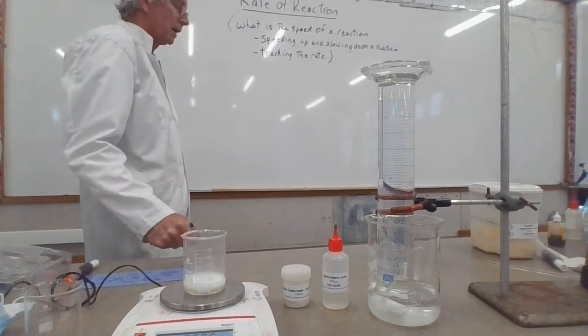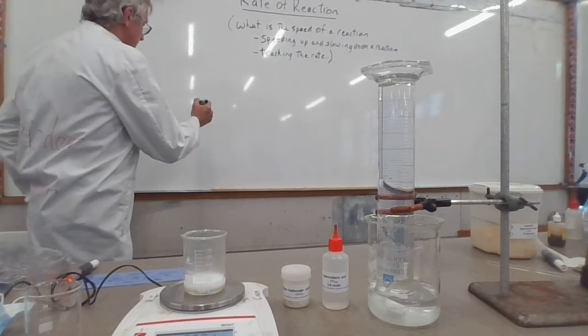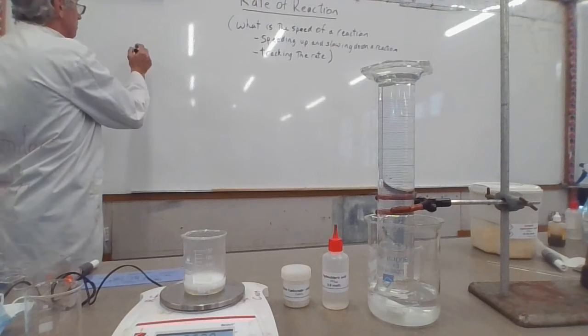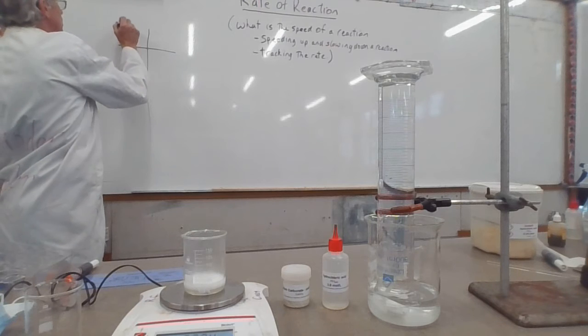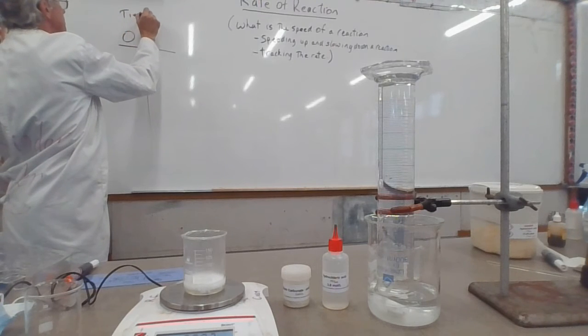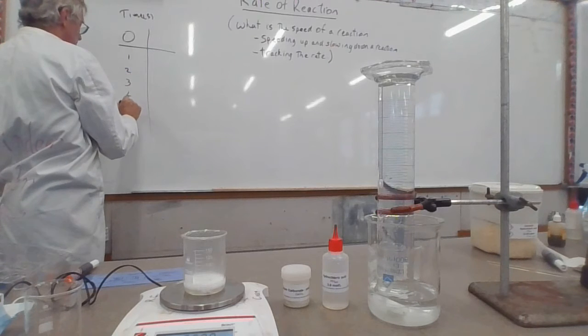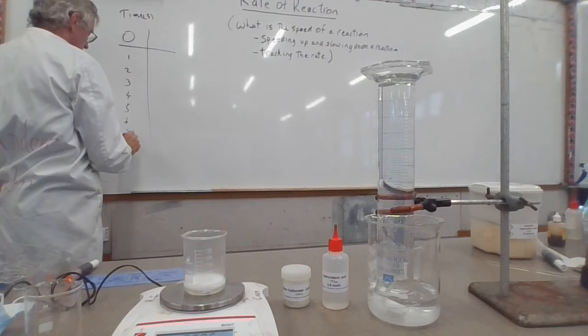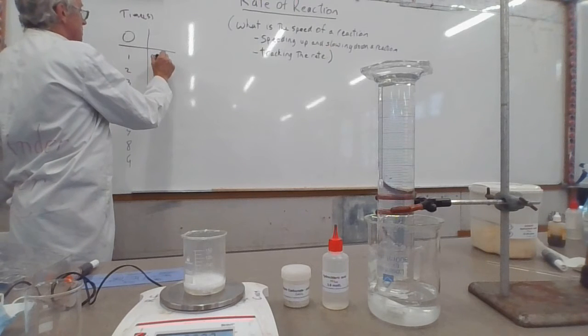And that's one way you can keep track of the rate of the reaction. If you could be quick enough, you could look at the time in seconds here, and you would say after 1, 2, 3, 4, 5, 6, 7, 8, 9 seconds, for instance, what has happened to the mass.